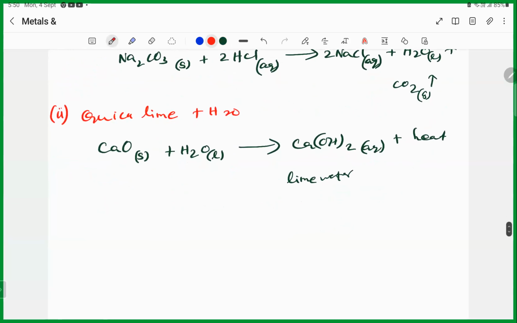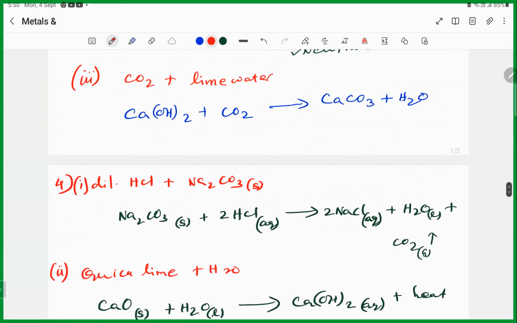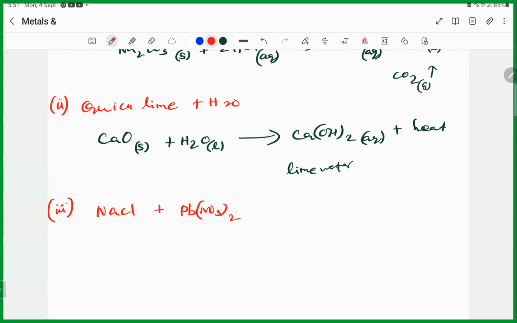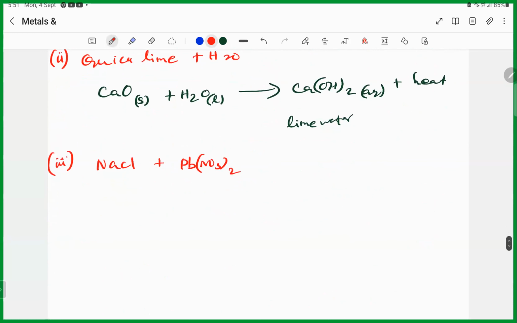And third, fourth line. Sodium chloride solution is added to lead nitrate solution. So what reaction we will get? Which reaction takes place? So double displacement. Pb(NO3)2 plus NaCl aqueous.